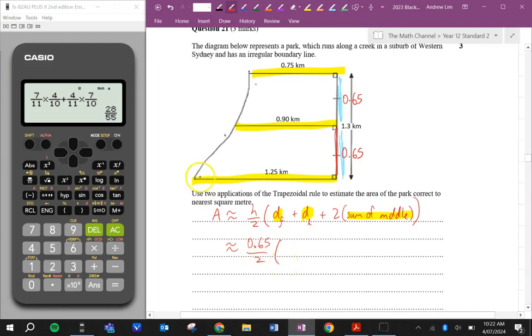The first, we can say this is the first, 1.25. The last will therefore be this one, 0.75, plus 2 lots of the sum of the middle. The middle is just 0.9, so that's all we need.